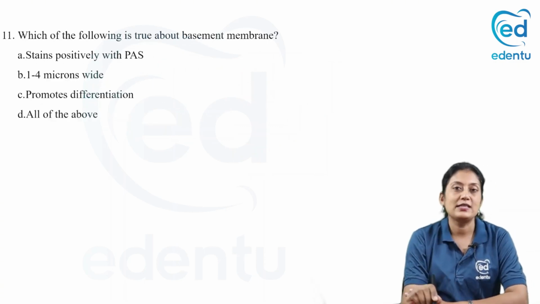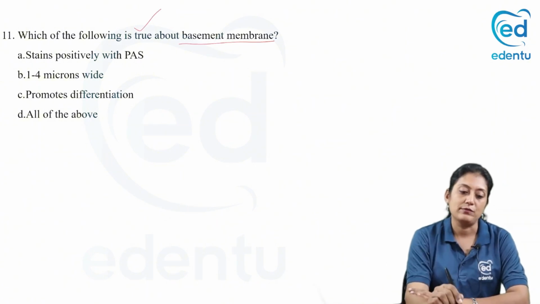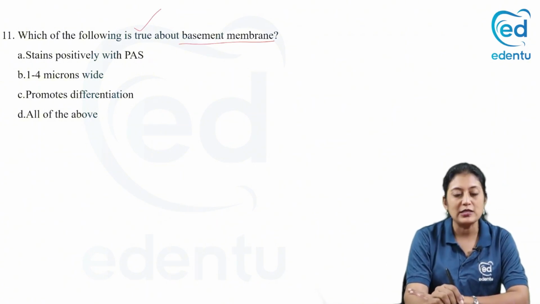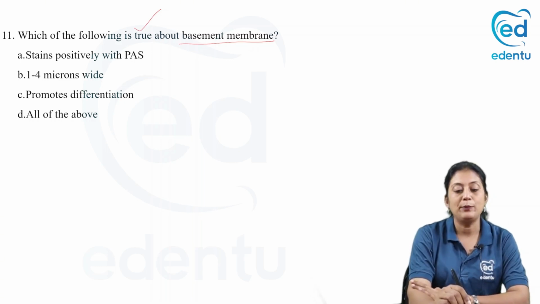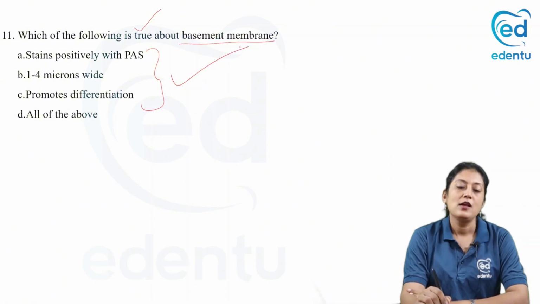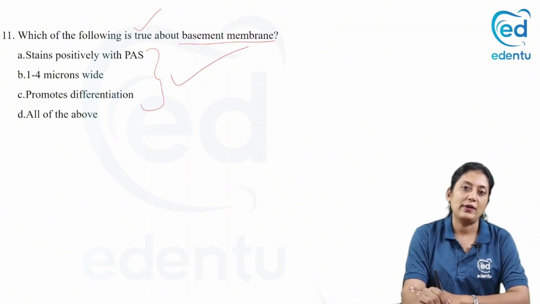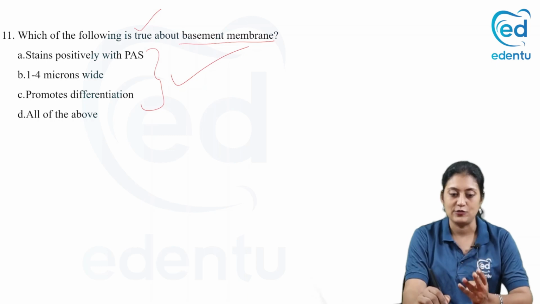So the 11th question is, which of the following is true about basement membrane? It stains positively with periodic acid Schiff. It is 1 to 4 microns wide. It promotes differentiation. All of the above. Yes, all are correct. What you need to know about basement membrane is that it is a structure separating the surface epithelium from the underlying connective tissue.